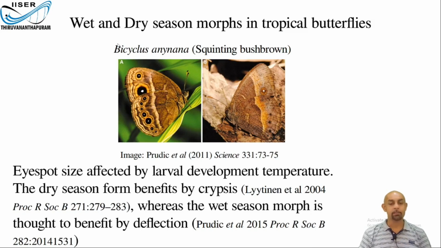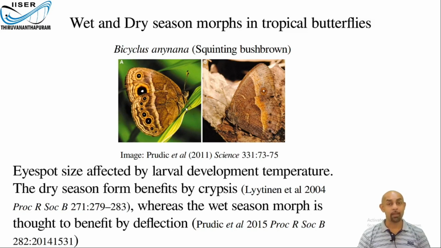In this particular butterfly, Bicyclus anynana, the environmental cue or signal that makes them develop into either this morph or this morph is temperature.